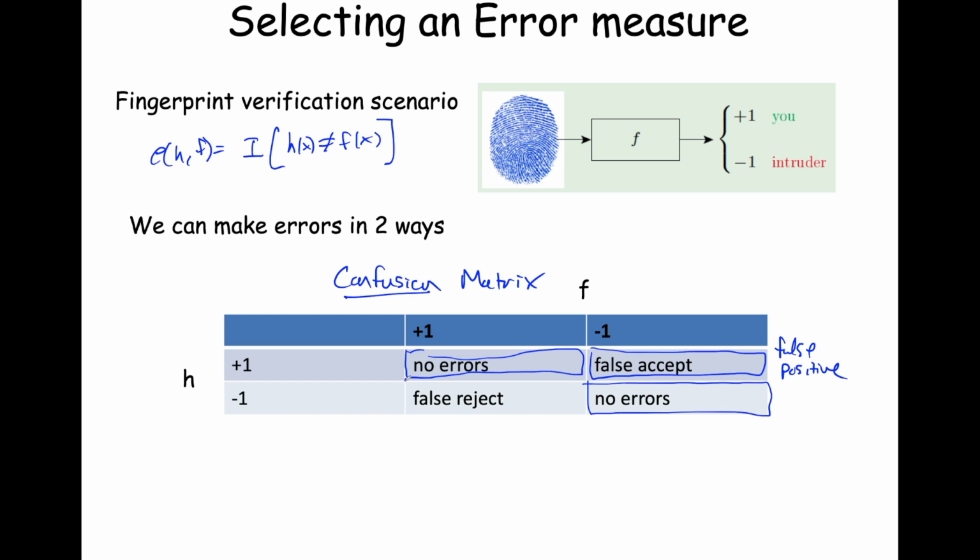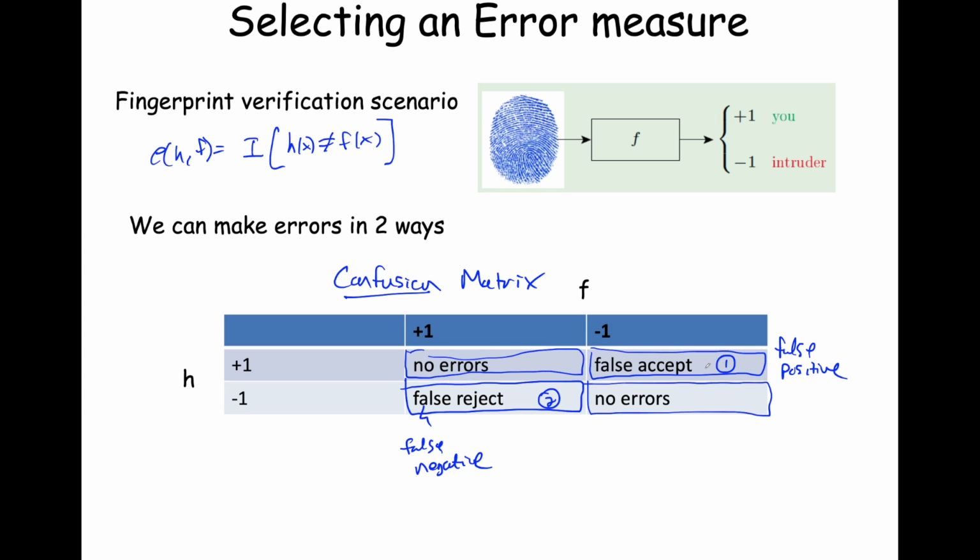Likewise, if we look in the lower left-hand entry of the confusion matrix, the ground truth target function has said, yes, that's you. This fingerprint data, that's you. But the hypothesis has said, nope, it's an intruder. That's a false reject or so-called false negative. So if we look at this, there are two types of errors. There's a false positive, a false accept, and there's a false reject.